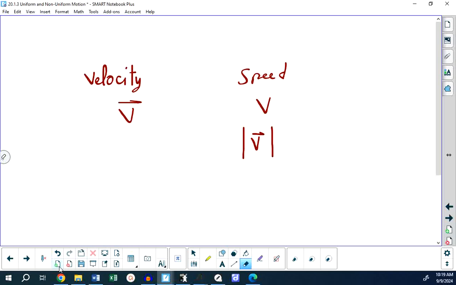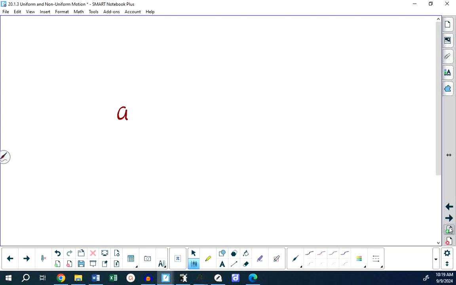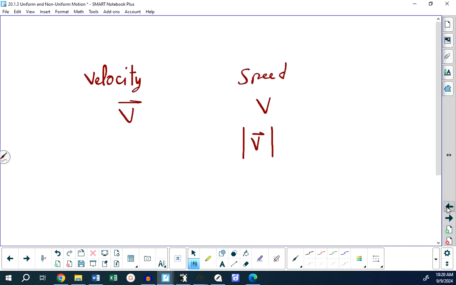Now, what is this? Well, this is acceleration. What is this? Okay, here's the thing. We have a special word for the magnitude of velocity called speed.